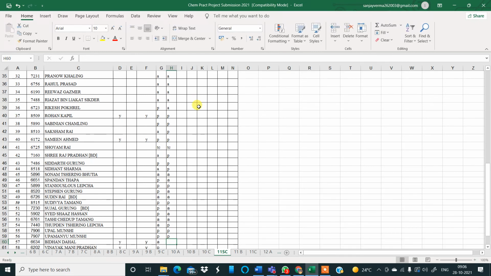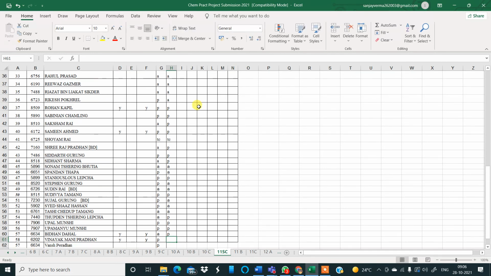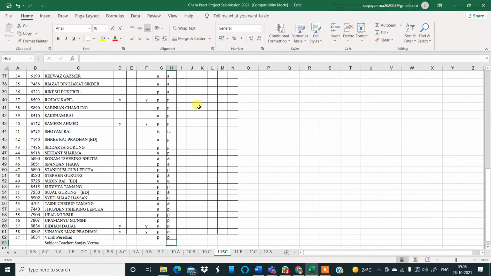Vidhan Dahal, present, sir, electricity has come. Okay. Vinayak Mani Pradhan, absent. Vansh Pradhan, present, sir. Okay, so these were the boys who were present.